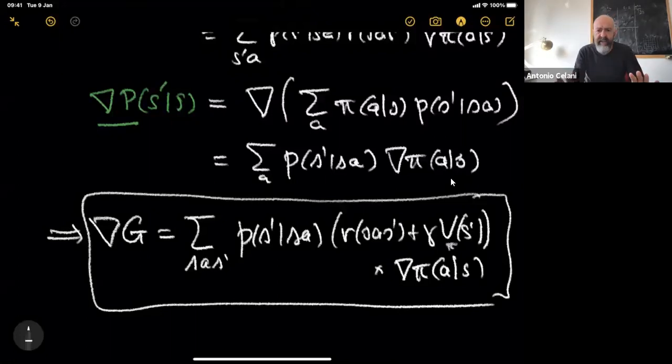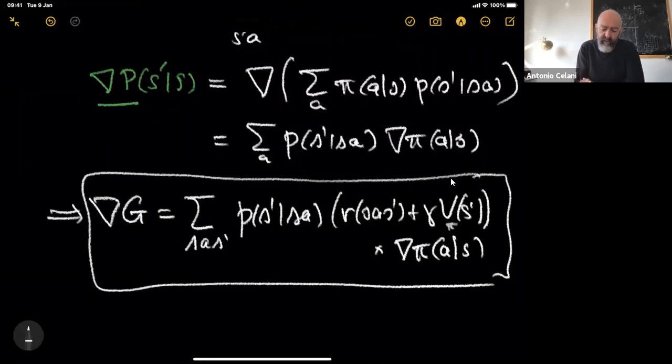So we now just have 5 minutes to conclude, and we're going to show that the optimality conditions, the first order condition for optimality that I wrote earlier, is satisfied by the choice which is given by the Bellman equation. So what is the connection with the Bellman equation? Well, the connection is given by this term which appears here. So this object in front of the gradient is the one which appears in the Bellman equation. So that's where the two ends meet.